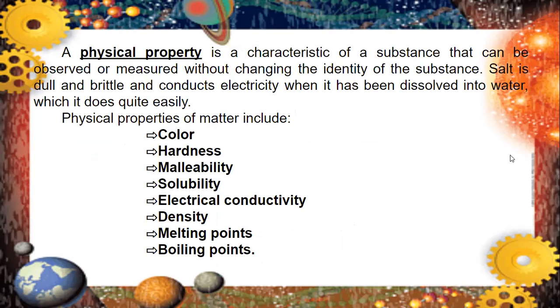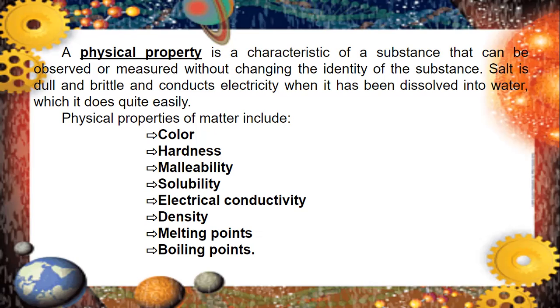A physical property is a characteristic of a substance that can be observed or measured without changing the identity of the substance. Our best example for this one is the salt. Salt is dull and brittle and conducts electricity when it has been dissolved in water.